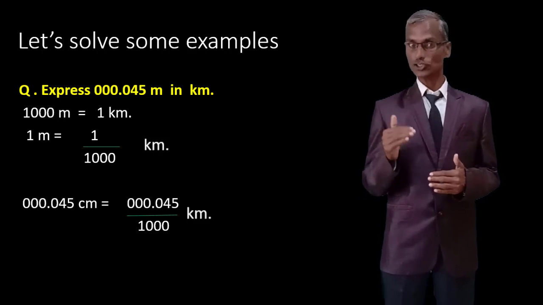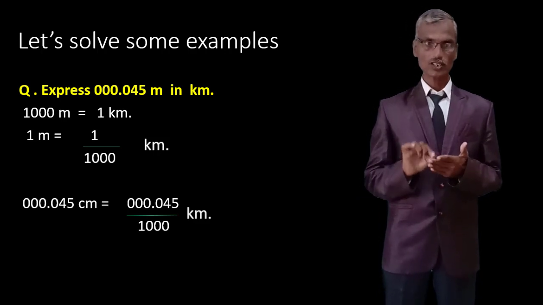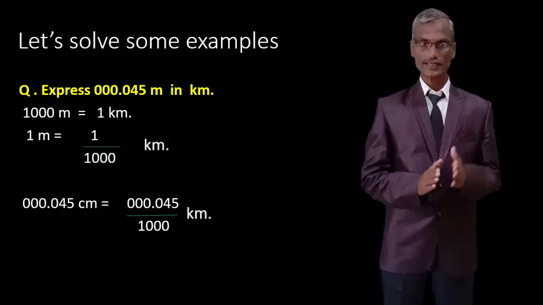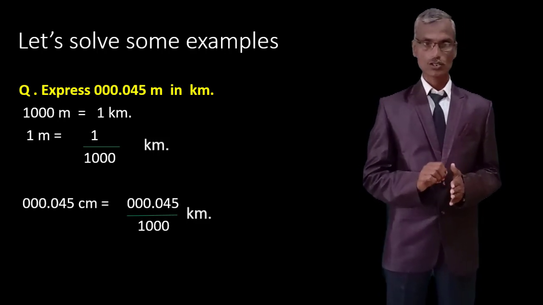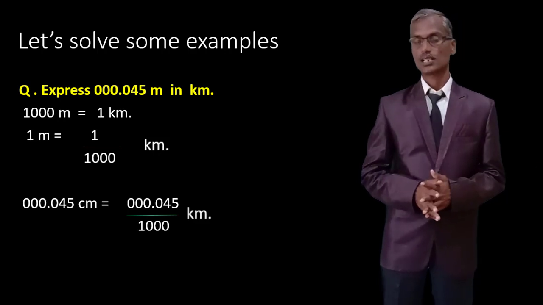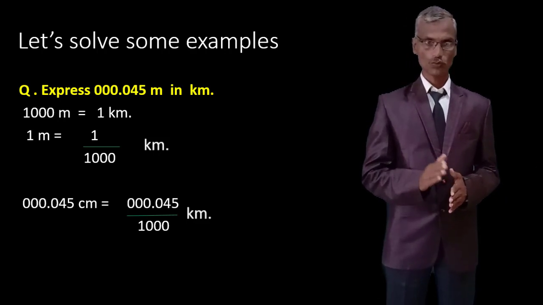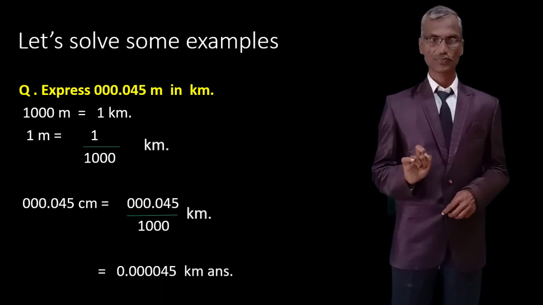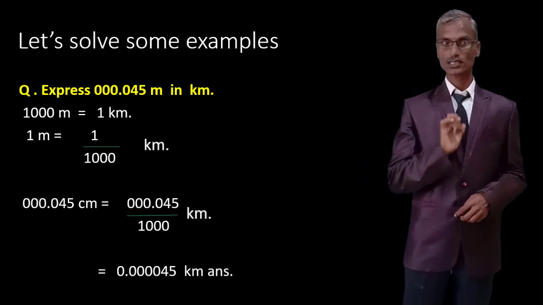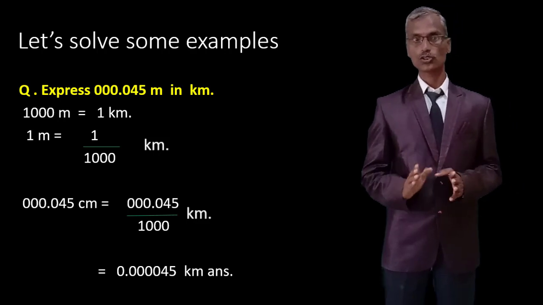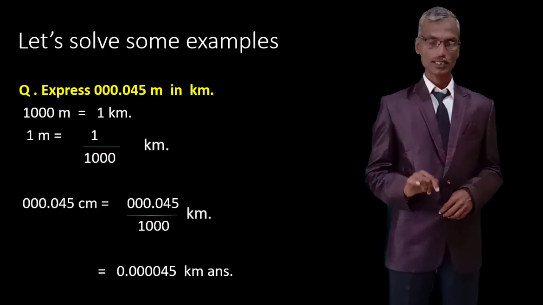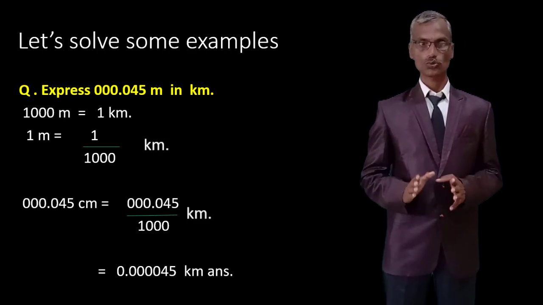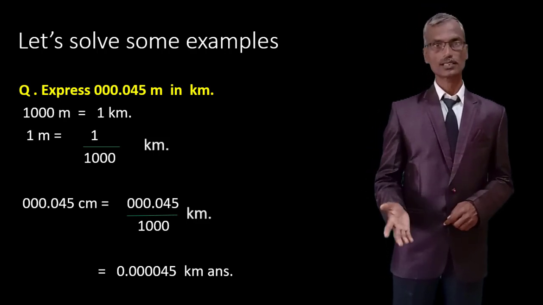Now, the number of zeros in the denominator is 3, hence the decimal point will shift 3 places to the left and it will be equal to 0.00045 kilometer. Thus, 0.045 meter is equal to 0.00045 kilometer.